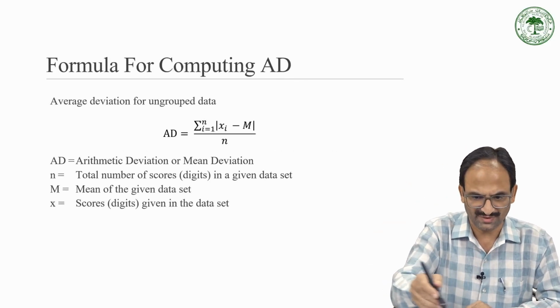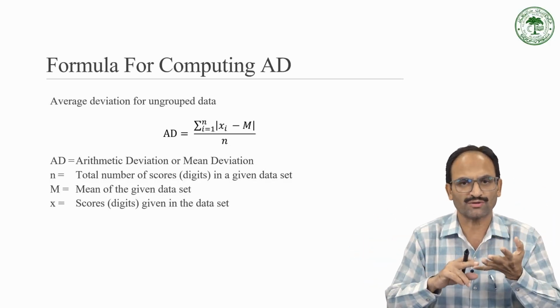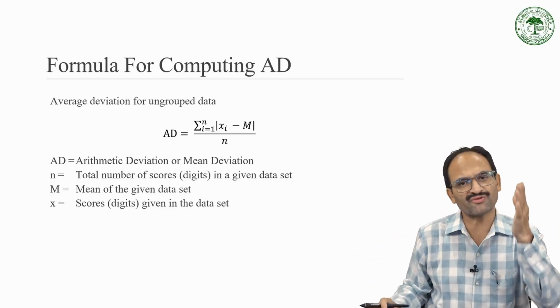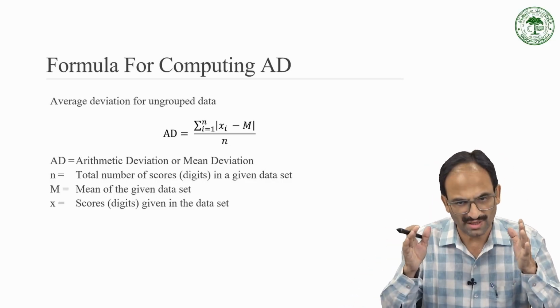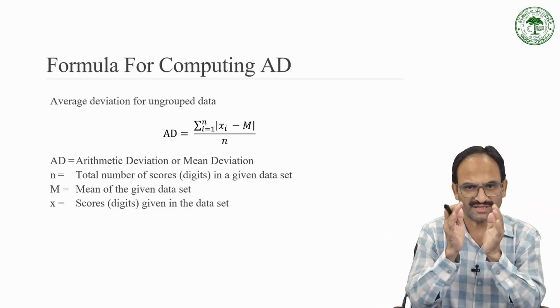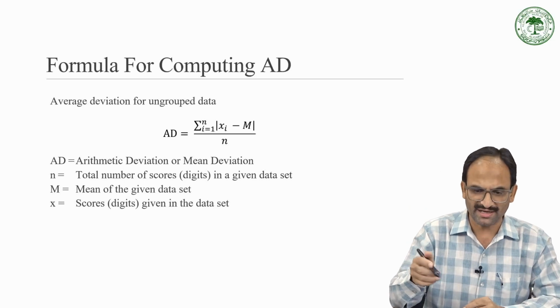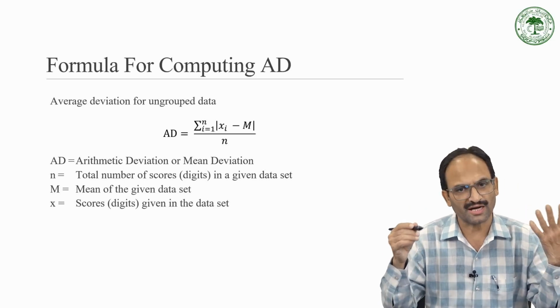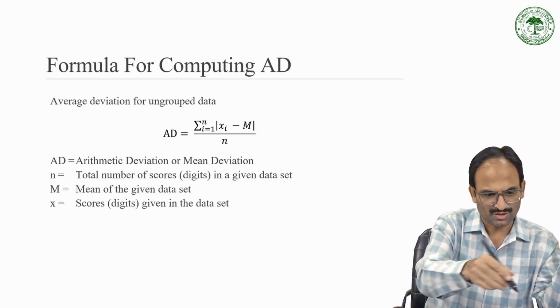Already I have explained: first find the mean, subtract the mean from every individual number and take the mod value, forgetting about the sign, sum all the differences and divide by the total number of terms in the data set. It is explained through this formula.